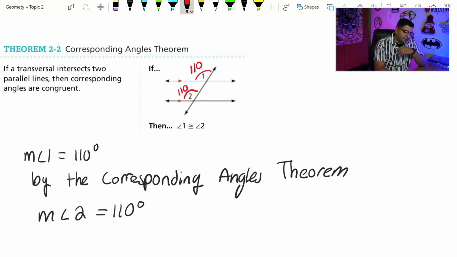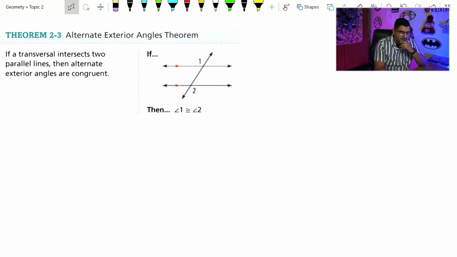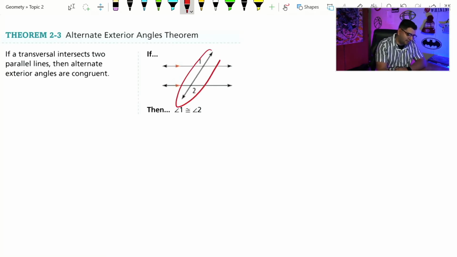Now, the other angle theorem that we're going to talk about is the Alternate Exterior Angles Theorem. The Alternate Exterior Angles Theorem states that angles that are on opposite sides of our transversal, that's what the word alternate usually means. We're talking about angles on opposite sides of this line right here.